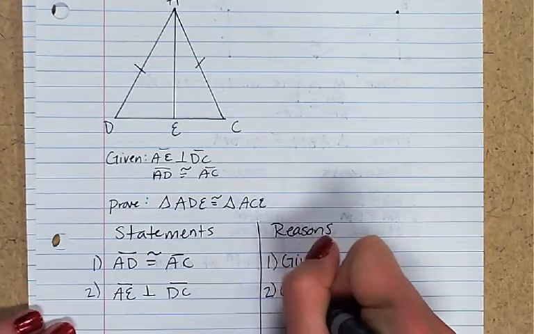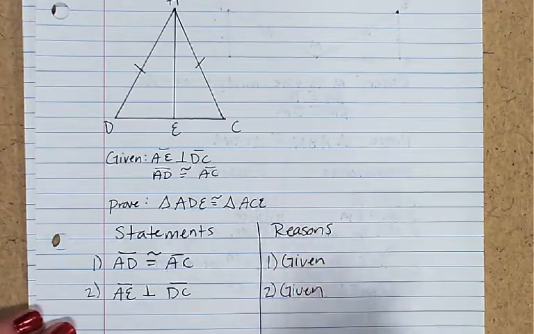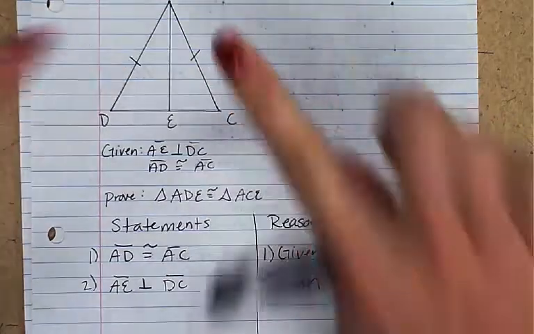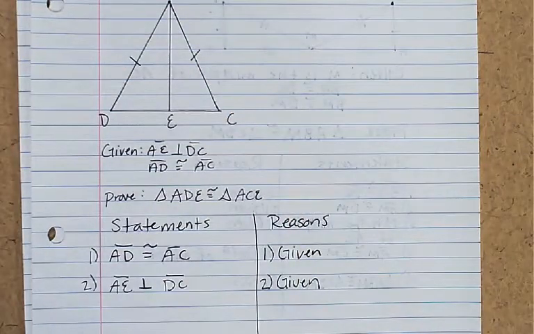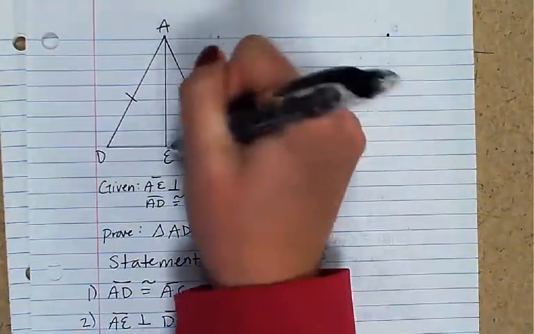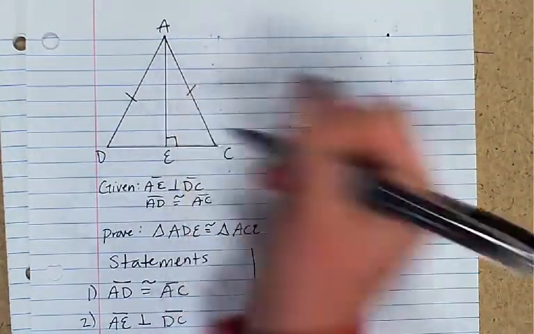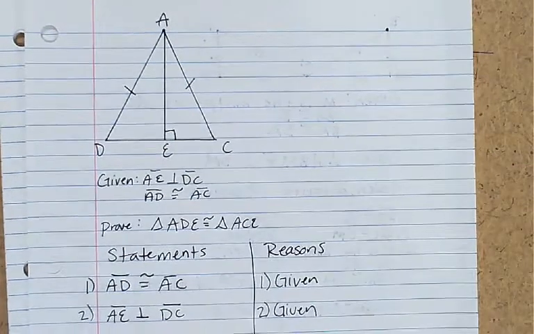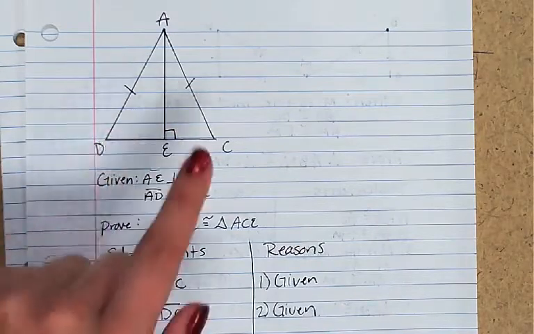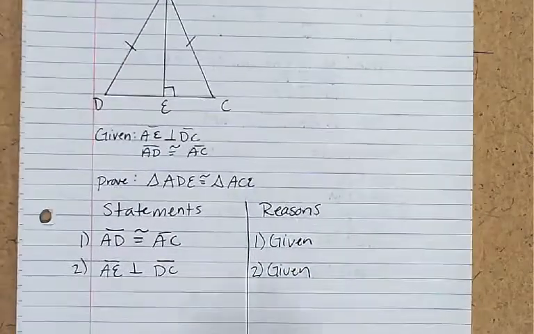That wasn't a congruence statement or anything, but we still need to show that the triangles are right and prove that one other leg is congruent, because we already have this hypotenuse. If I know that AE is perpendicular to DC, how does that help my proof? Well, if we're perpendicular, that means that these are both right angles. So now that is giving us the part that we can show that these are two right triangles.